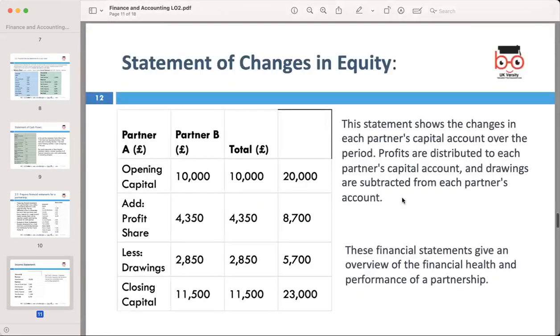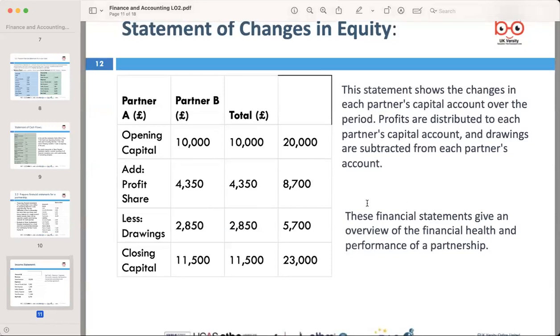Now the statement of changes in equity. The statement of changes in equity presents the changes that occurred in each partner's capital account.